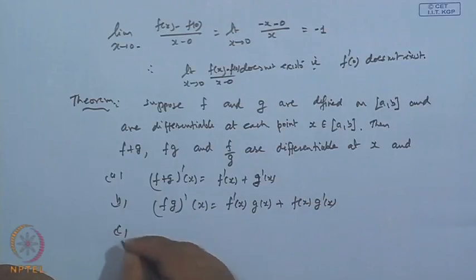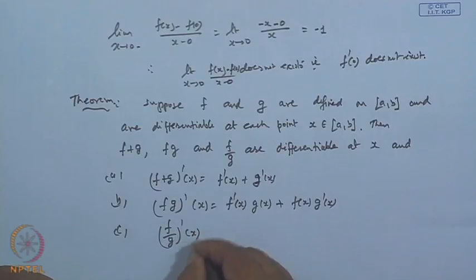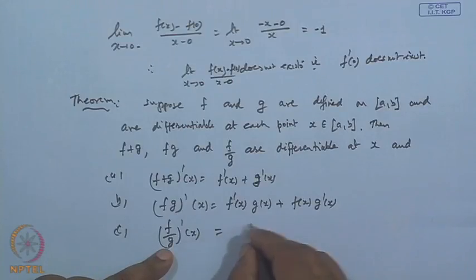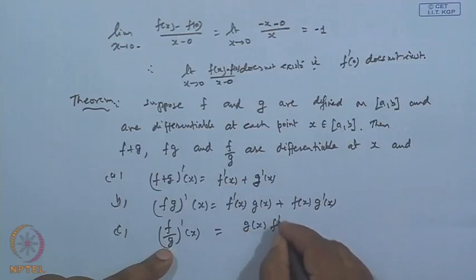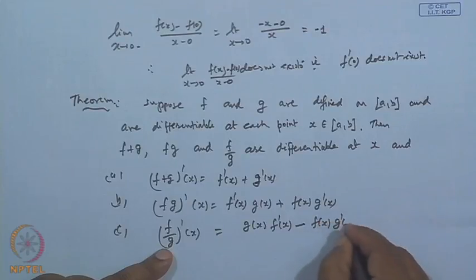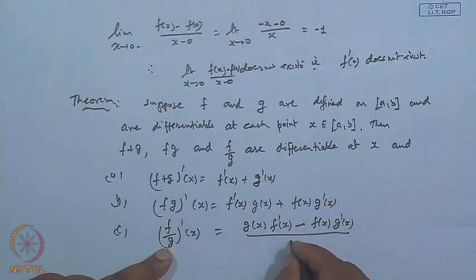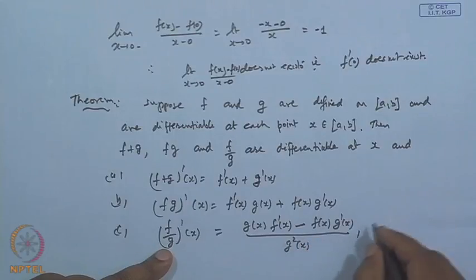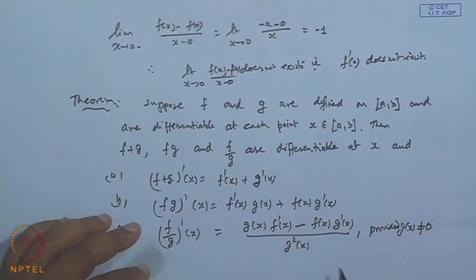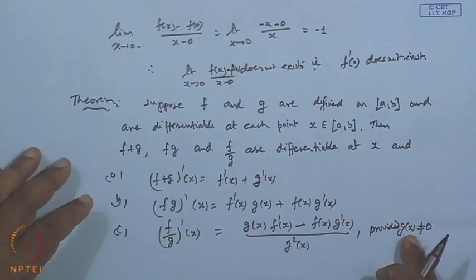Similarly, the derivative of the ratio of the two differentiable functions at a point x is the denominator g x into the derivative of the numerator f prime x, minus the numerator into the derivative of the denominator, divided by the square of the denominator, provided the function g is not 0 at any point where the differentiability is tested in this interval.